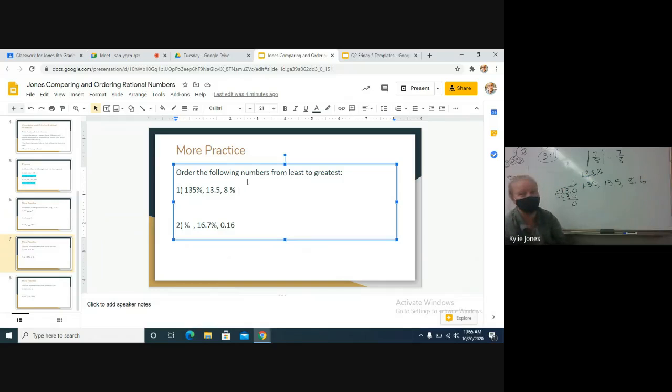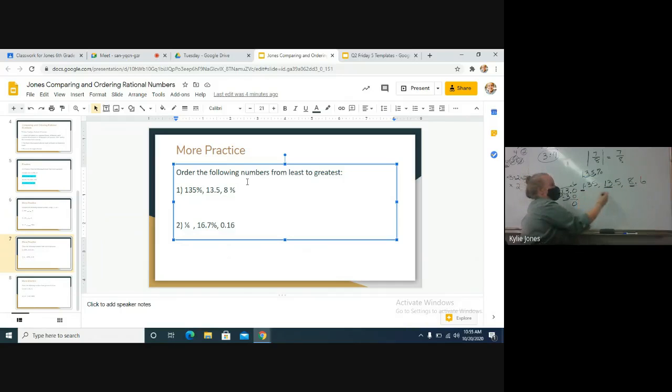So now we need to put them in order from what? Least to greatest or greatest to least? Least to greatest. Looking at our decimals, which one is the least? Look at the ones, please. Just start by looking at the whole numbers.